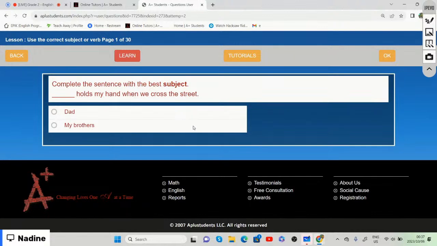Do we say dad holds my hand when we cross the street or my brothers? Holds. So, which means that we're going to say dad holds my hand. So, dad.